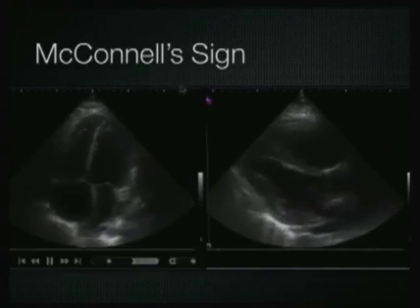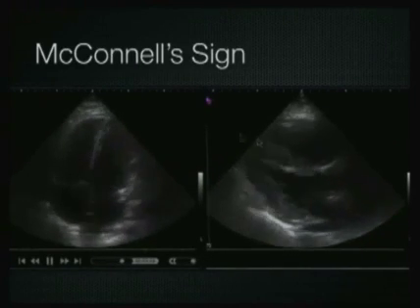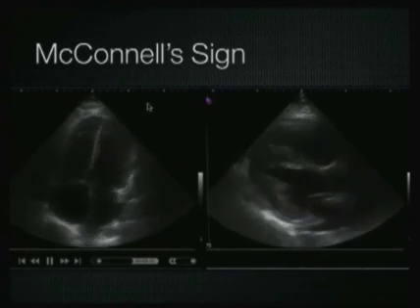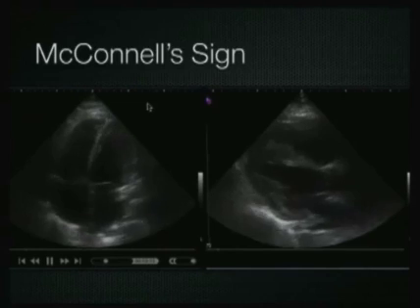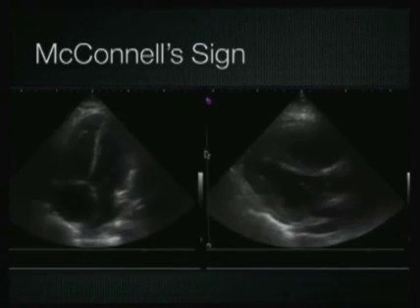Also in these examples, we see very enlarged RVs, and we also see the diastolic paradoxical septal motion very nicely, especially in this example. So very diagnostic of pulmonary embolism.